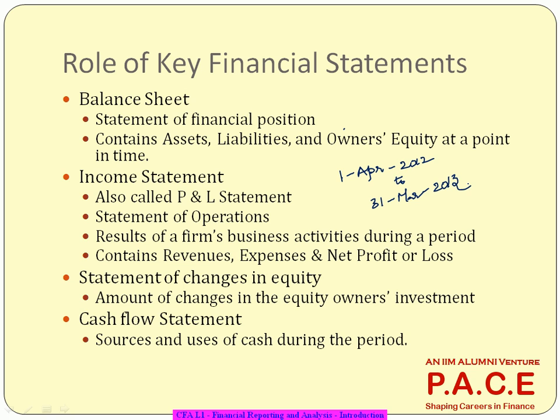Whereas what the balance sheet talks about is at the end of the period, which means as on 31st March 2013, what is the position of the company? It's not bothered about 1st April to 31st March. It's more bothered about what is on 31st March 2013. What does that mean? As on that date, there is still something outstanding.